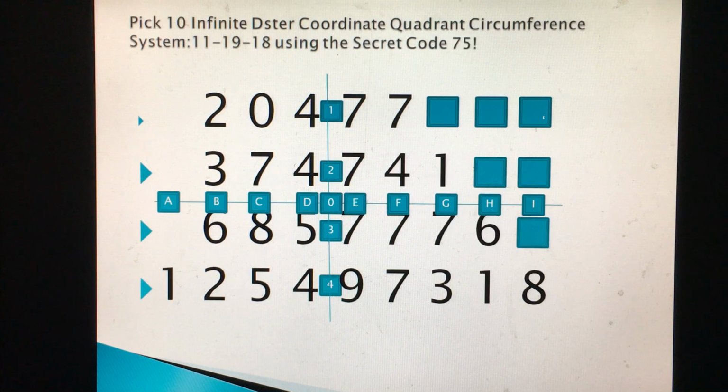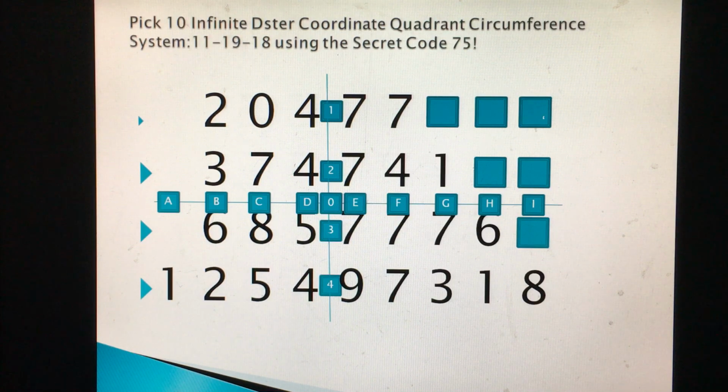in the Dster. Now, the least common digit is 0, and the most common digit is 7, and the other least common digit is 9. 0 and 9, and then every other is in between, and 4 is a decently high amount of digit 4s in the Dster.